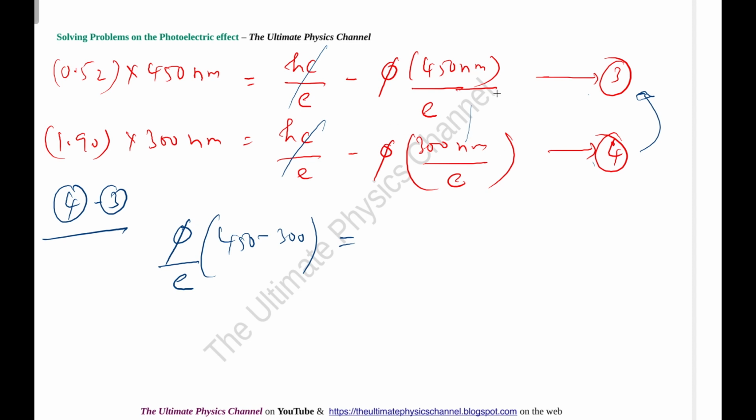Of course, this is from this to this, so this minus sign becomes plus. That's why here we have first term. Second term will have a minus because this already has a minus.